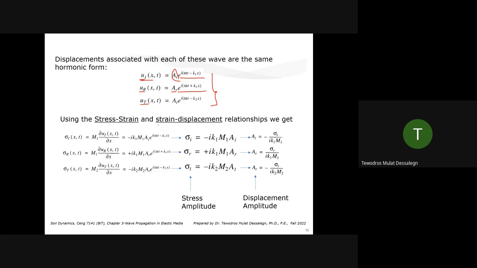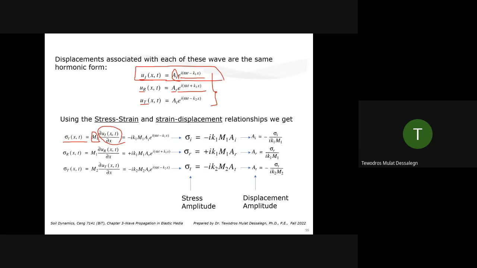Using the stress-strain and strain-displacement relations from the earlier section, we try to solve for the incident stress. We say the incident stress is the constraint modulus, or elastic modulus, times the strain, right? Now strain is the rate of deformation in the x direction. So if you take the first derivative of this displacement or deformation expression, that's what you get as strain.